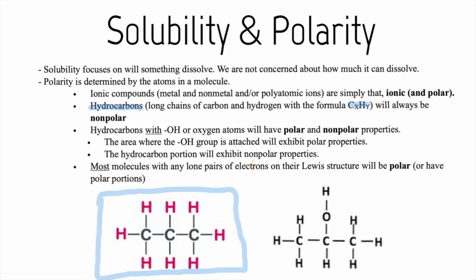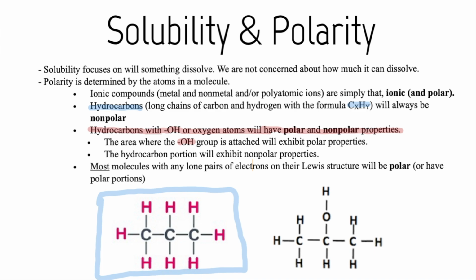Now, I'm going to change colors here. If the hydrocarbon, still that CH, has OHs or oxygen atoms, there's going to be polar and non-polar properties. Where that OH group is just a hydrogen bound to an oxygen.